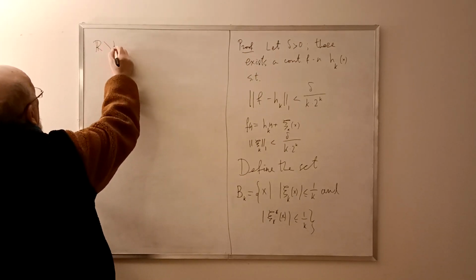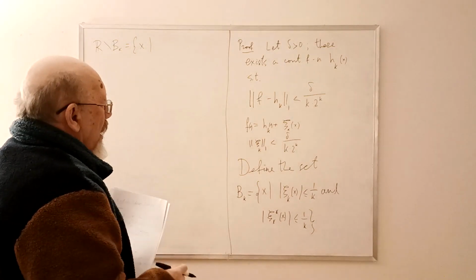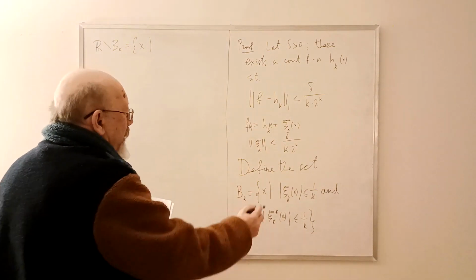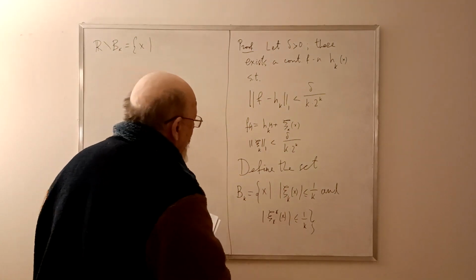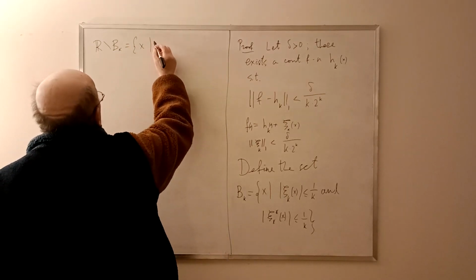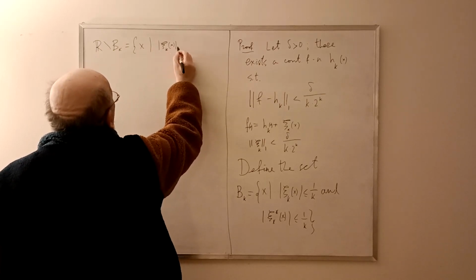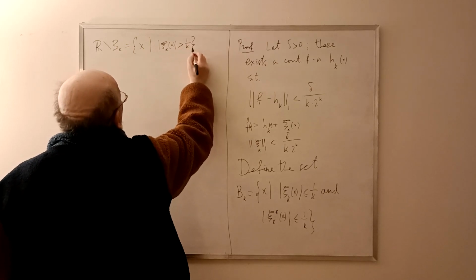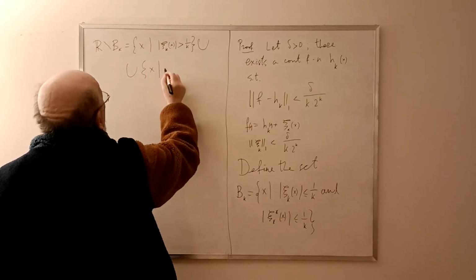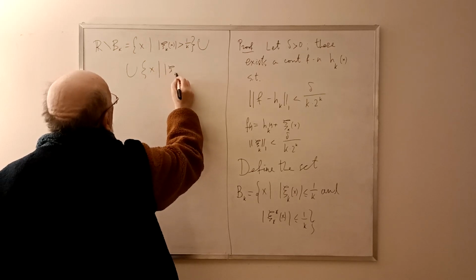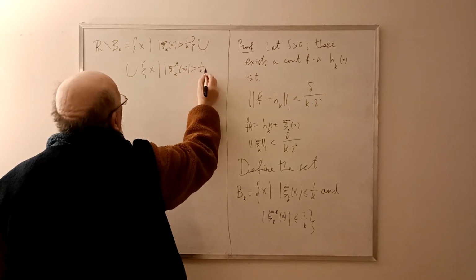R minus Bk is the set of x such that either this is more than 1 over k, or this, or both: the set of x such that the modulus of psi k of x is more than 1 over k, union with the set of x such that psi k star of x is more than 1 over k.